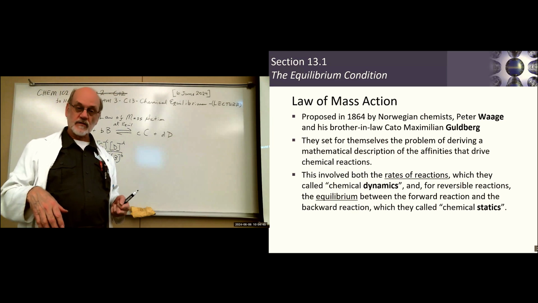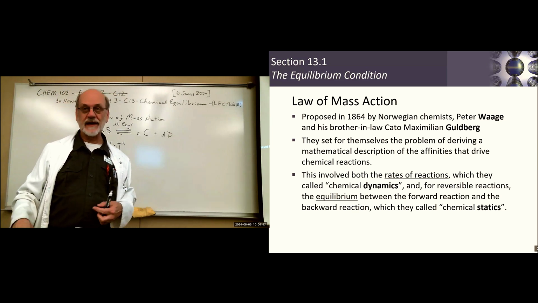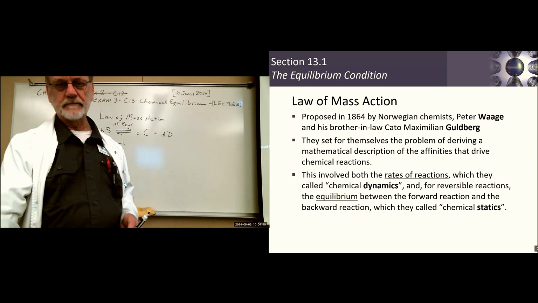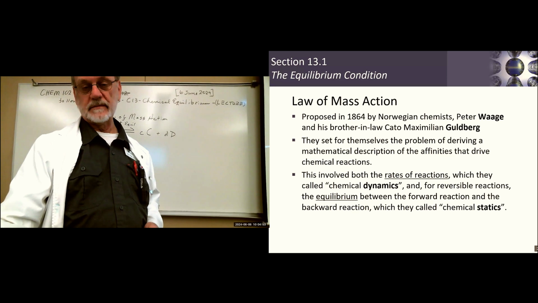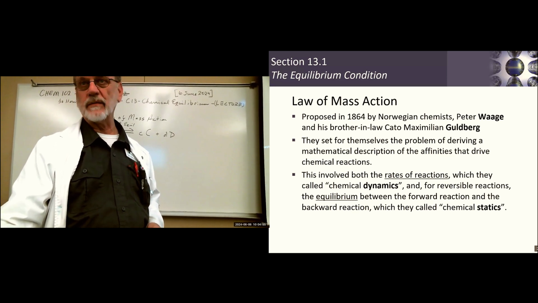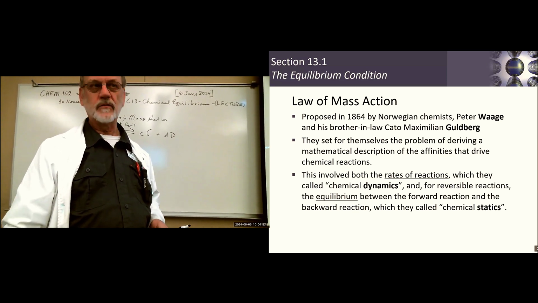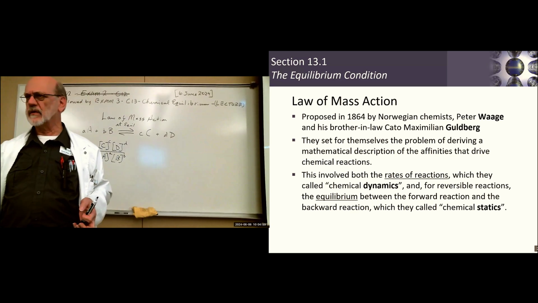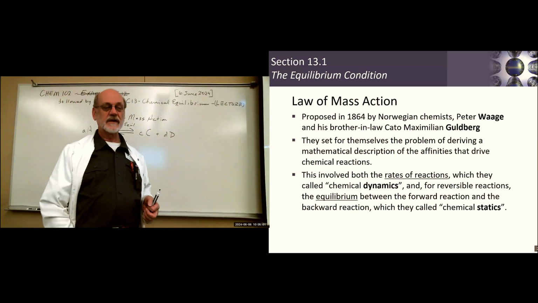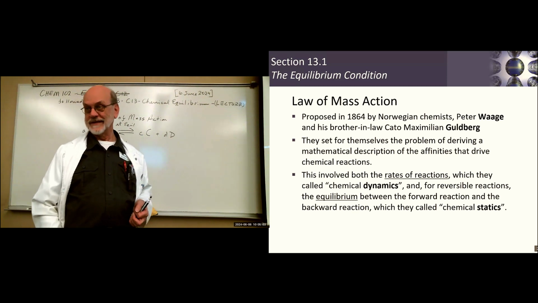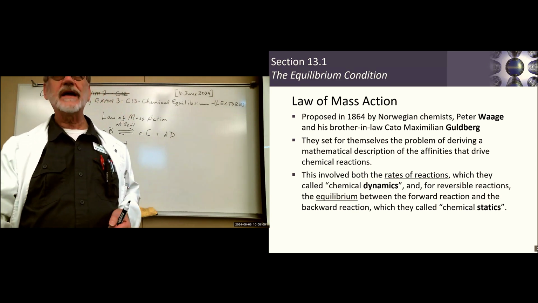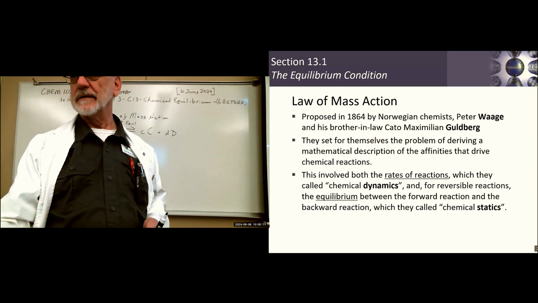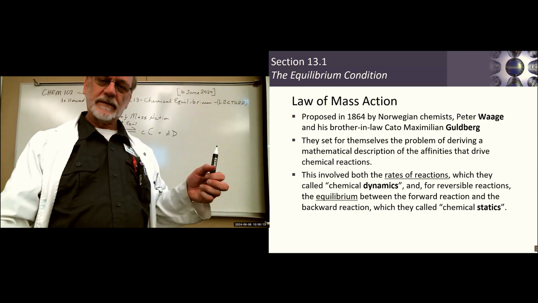And reaction rates, of course, we know are dynamic. Dynamic always means motion. Actually, it comes from the Greek root that we use for dynamo. You know what a dynamo is? It's an electrical generator, right? And dynamite, right? It's dyno. Dyno, I think, means power.